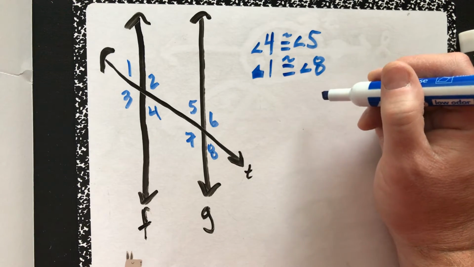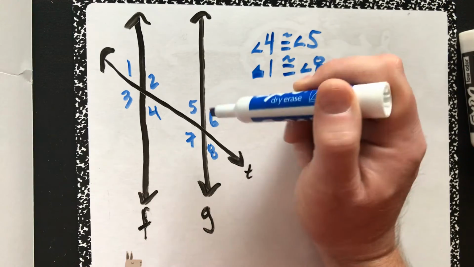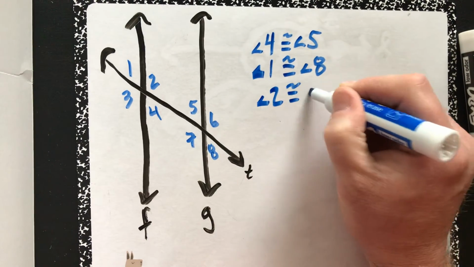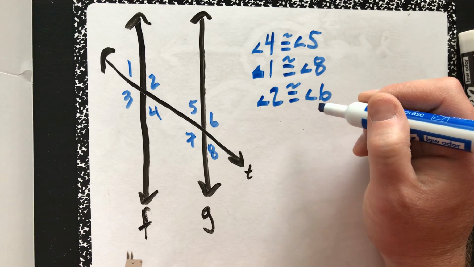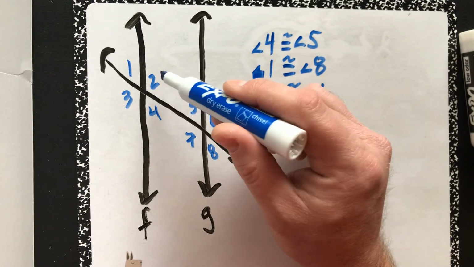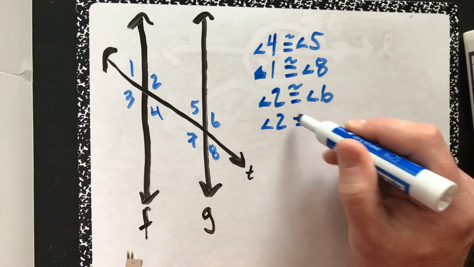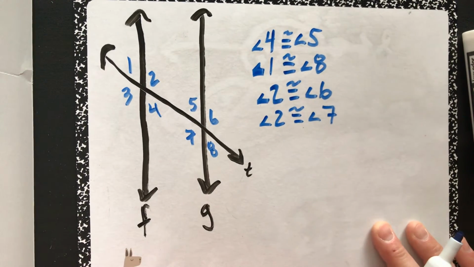I know corresponding angles are congruent, so I could do angle 2 and 6. Angle 2 is congruent to angle 6. All right, they want one more. So let's do another set of alternate interior, 2 and 7. Angle 2 is congruent to angle 7. All right, so there's 4 pairs.